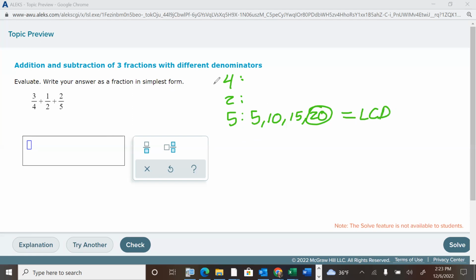All right, so I'm going to take 3/4. And what do I need to multiply the 4 in the denominator by to get the LCD? Well, I got to multiply it by 5. Okay.